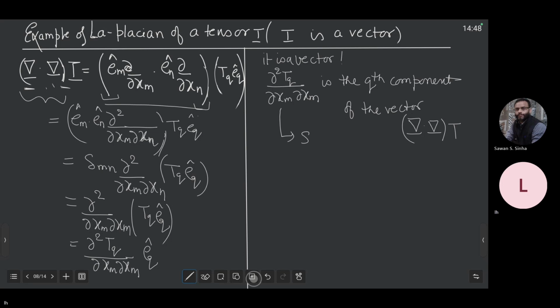Come on. 9. 9 Q? I'm only talking about the scalar component. Sum of 3 terms. And that will be del square TQ del x1 del x1.